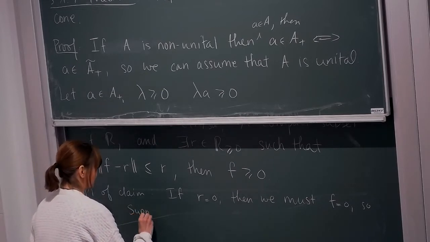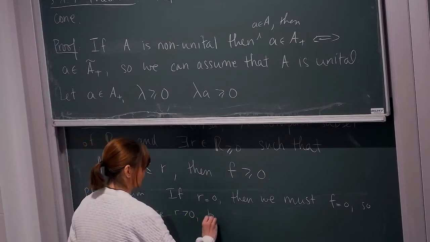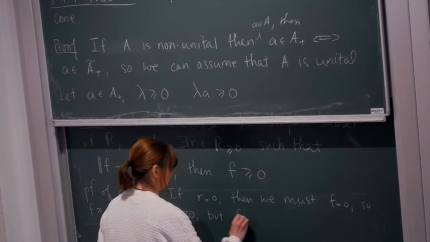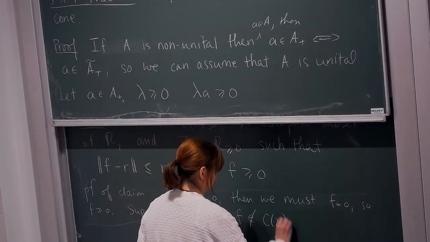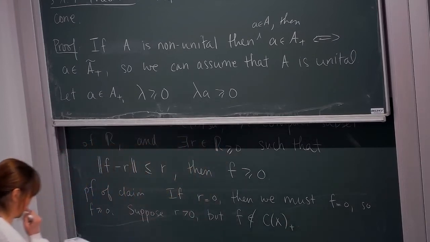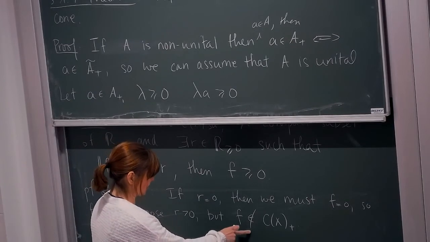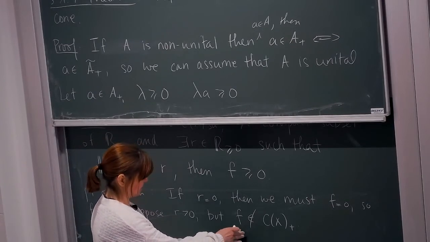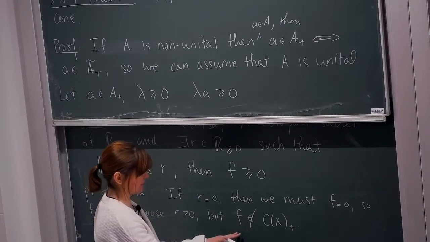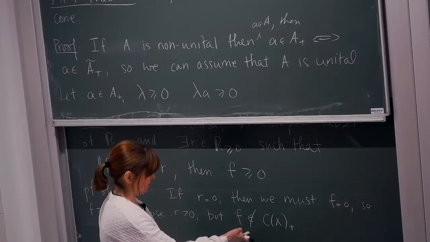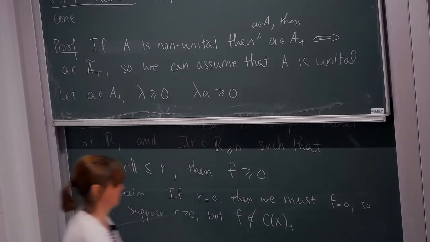So suppose now that R is greater than 0, but that f is not positive. So what does this mean? It's by assumption real valued, so there must be some point x for which f of x is negative.